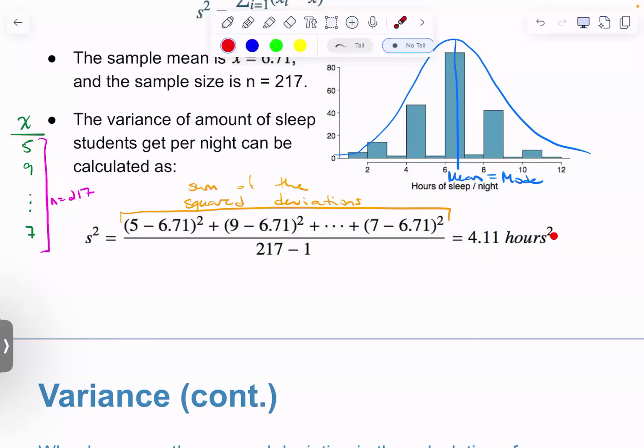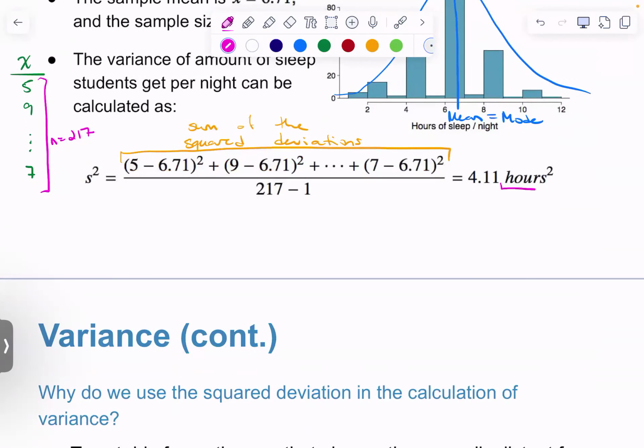Now, this is the problem with using the variance and why we avoid it in this course. I don't want to deal with units squared because that's hard to imagine.